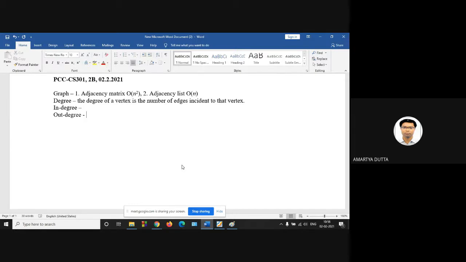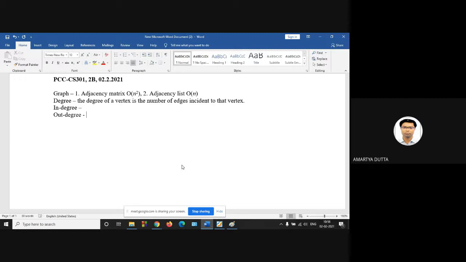In degree means the number of edges that are coming towards your vertex. We define in degree of a vertex V to be the number of edges for which V is the head, and out degree is defined to be the number of edges for which V is the tail.